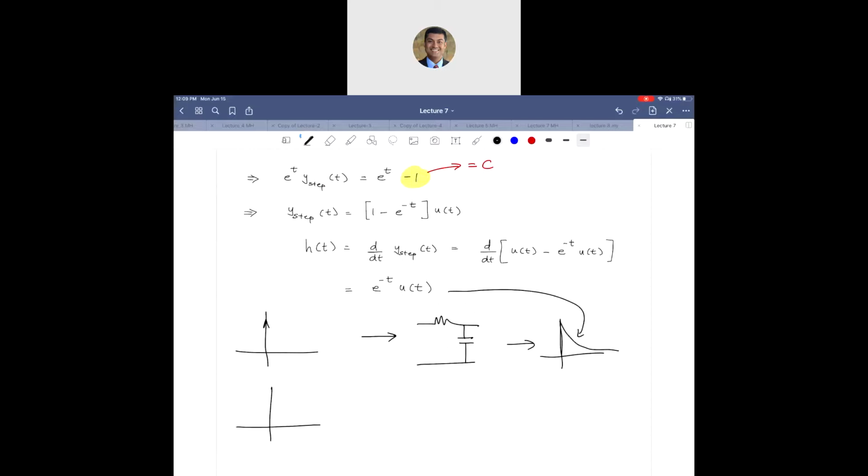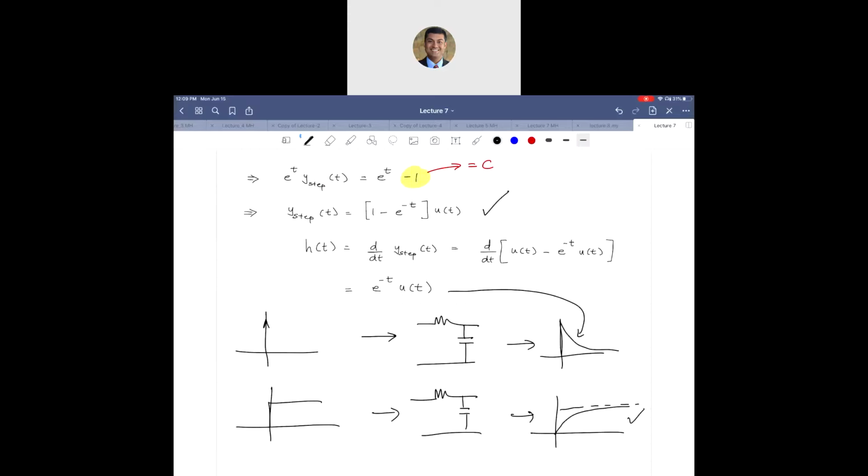Or if a step were to go into the same RC network, you get back 1 minus e to the negative t u of t. So this equation here is that equation there.